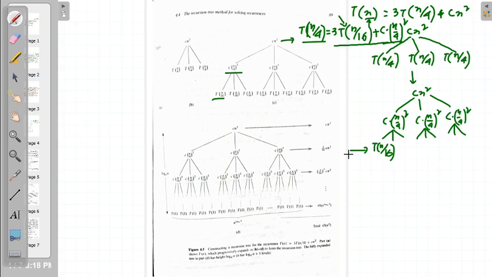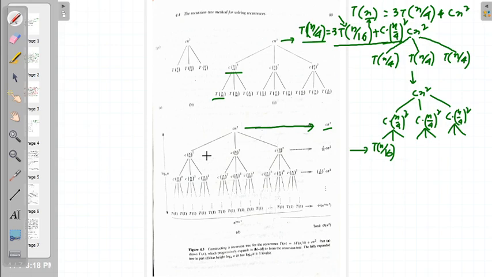And then what we are doing is we are summing up the per level cost. So here it is Cn square, okay? Cn square, that is written Cn square. So now it is written this is (n/4) whole square, means n square by 16. So Cn square by 16, Cn square by 16, Cn square by 16.